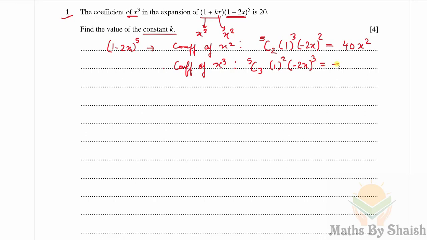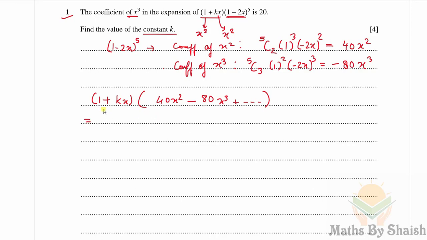We know that 5C3 is also 10, and (-2) cube is minus 8, so minus 8 into 10 is minus 80, and it becomes minus 80x cube. For the x cube coefficient, we only need these two terms, so we'll multiply here, and we get 40x square minus 80x cube plus and so on.